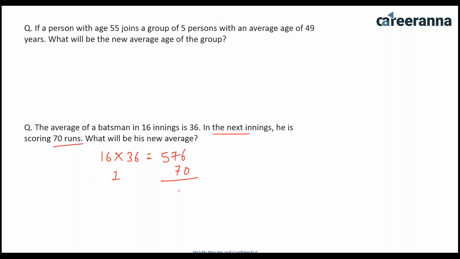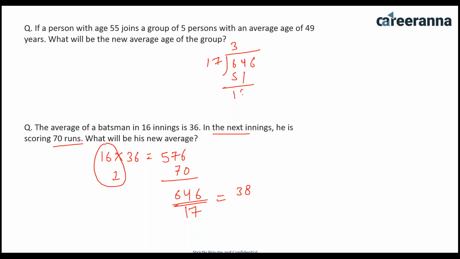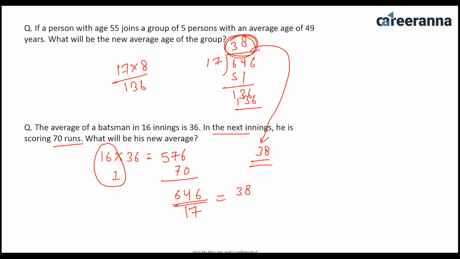So it will become 646. And the number of innings, now we have 16 plus 1, which is 17. You just have to divide it by 17, and you will get 38. Is it clear to everyone? 38 will be the answer.